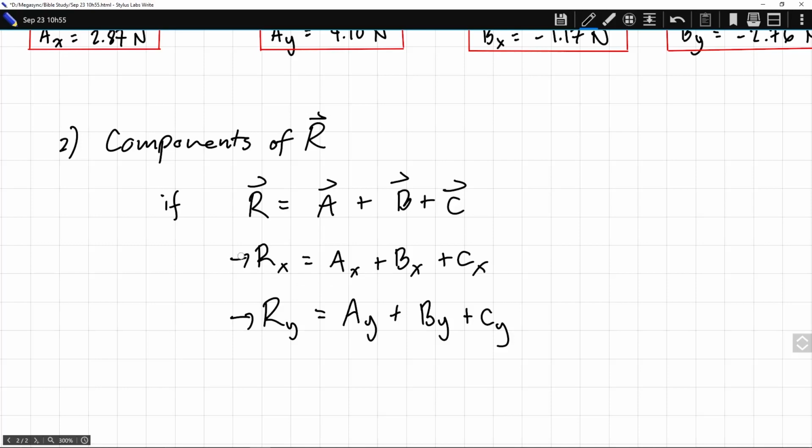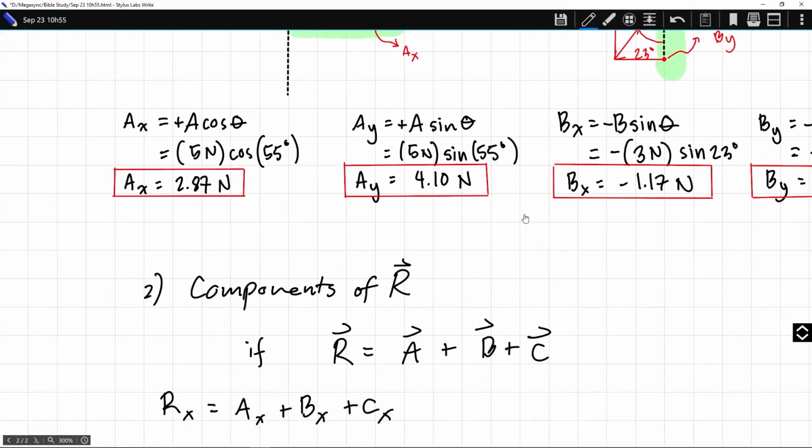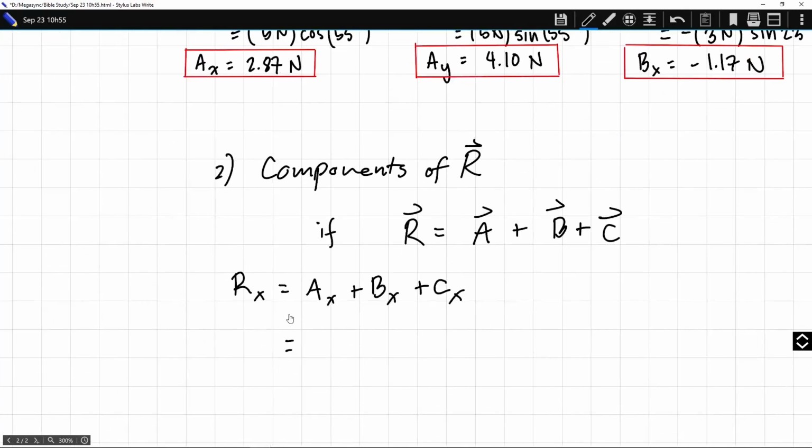Okay, so let's start first with the x component. Okay, so r sub x is simply a sub x plus b sub x plus c sub x. So we've solved that already. So we'll just plug that in to our equation.